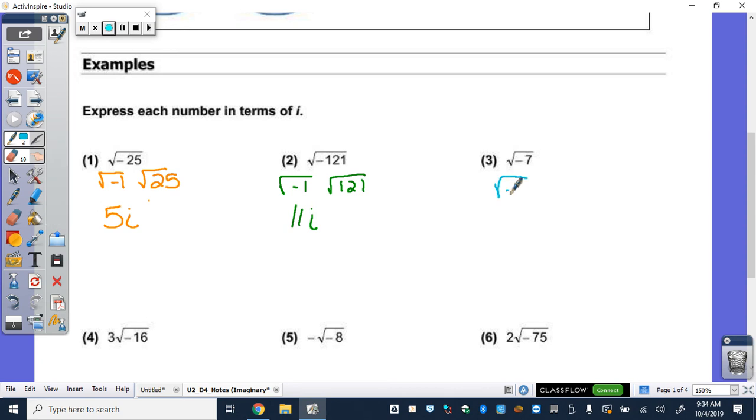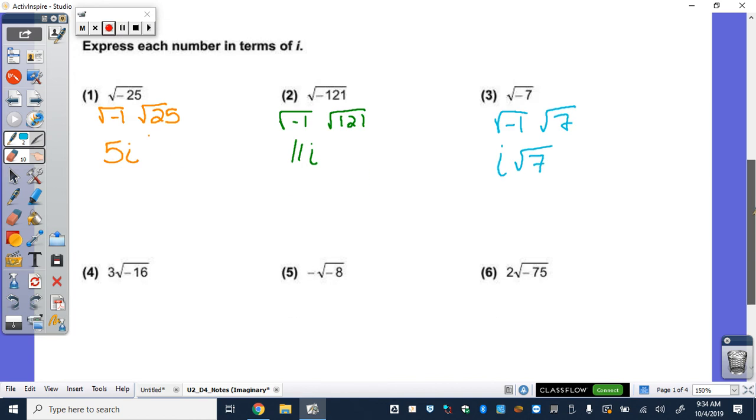Third one, again, I take out my negative 1. So I'm left with the square root of 7. Is 7 a perfect square? No. Is there a perfect square that goes into 7? No. So this one's just going to turn into i radical 7. So that negative always comes out and turns into an i.